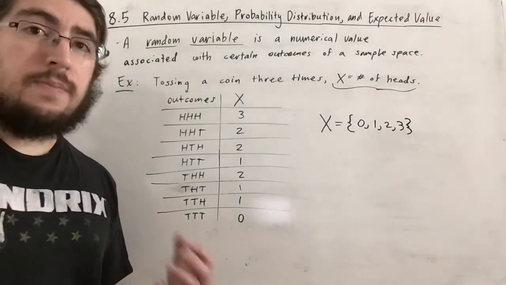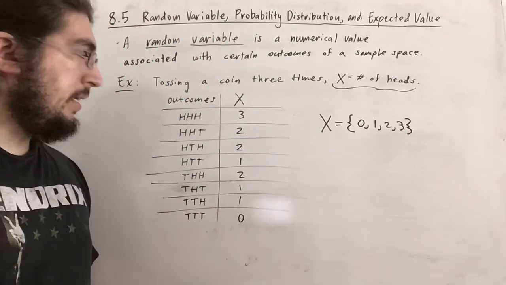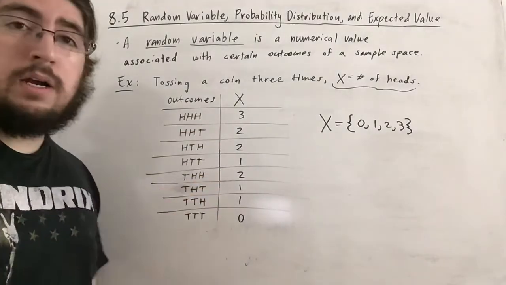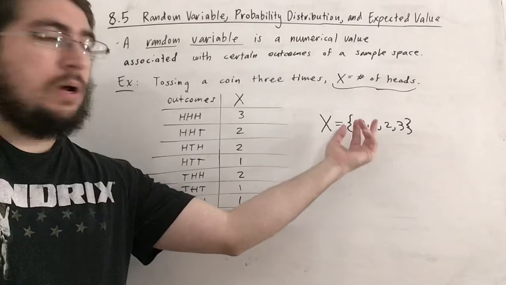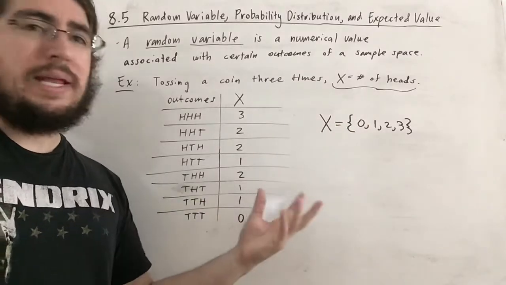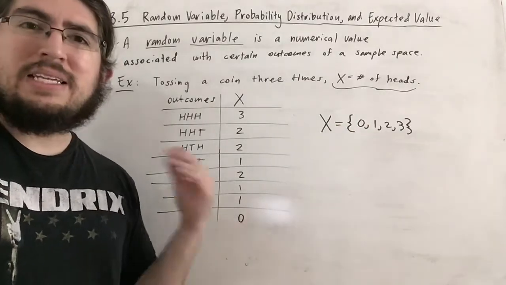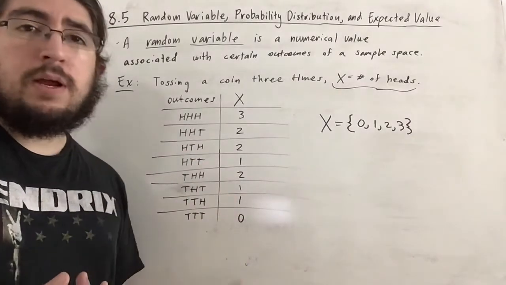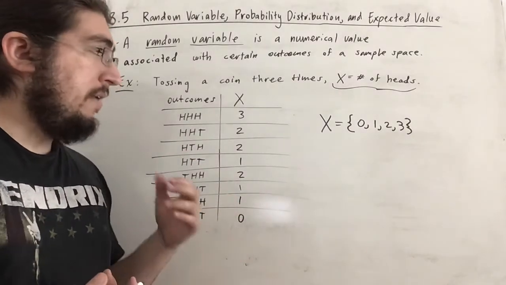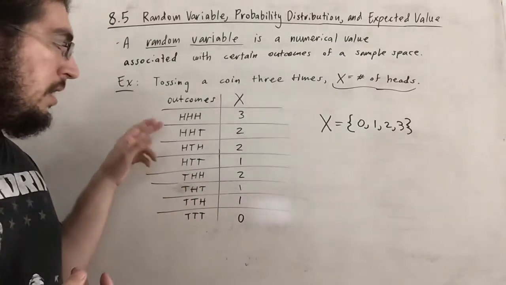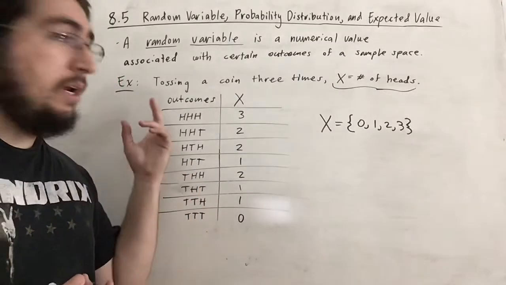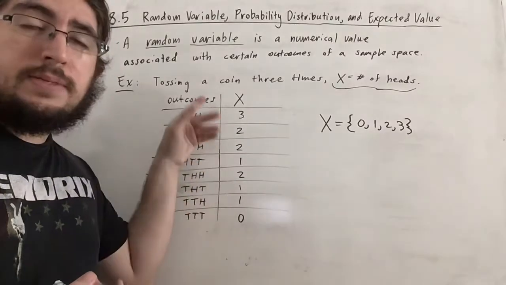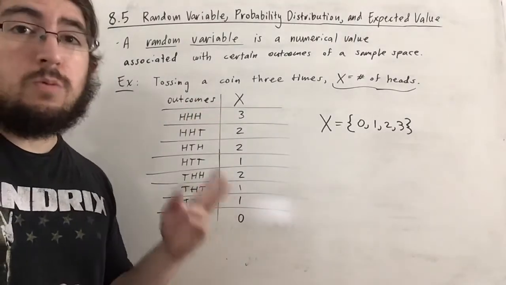Now you'll notice that some are more likely than others. In fact, 3 and 0 only occur once each. 2 and 1 occur 3 times each. So 1 and 2 have more weight associated with them, and these weights are essentially probabilities. When you flip a coin 3 times, you have a higher probability of getting 2 heads and a tail than of getting all heads, for instance, because 2 appears 3 times here, where 3 only appears once.